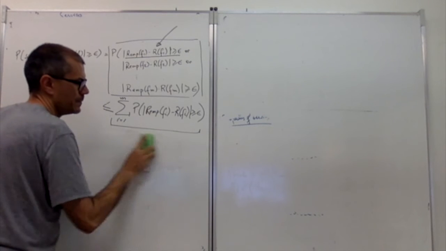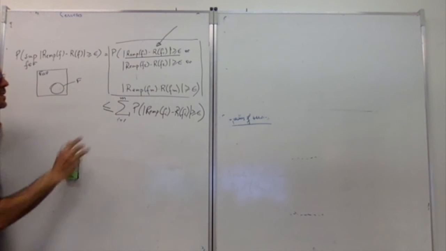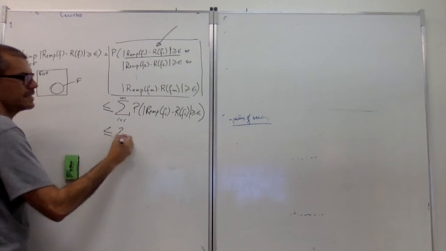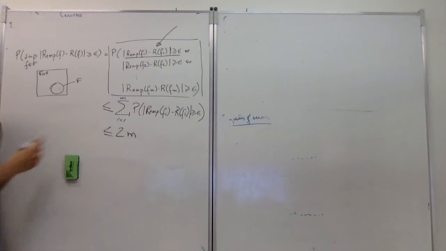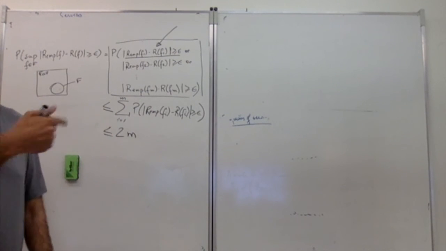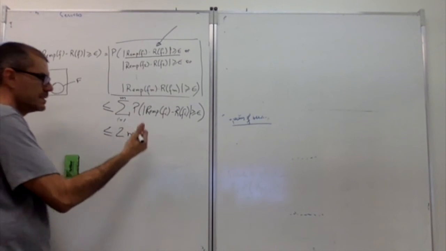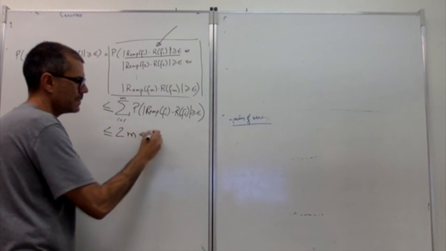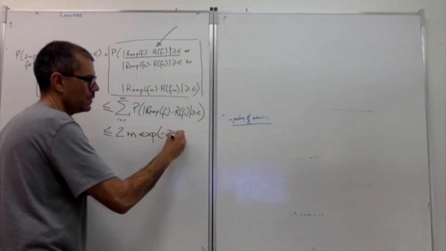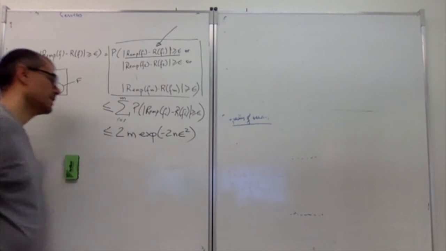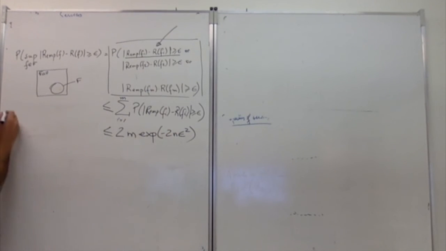So I'm just going to rewrite now, because it's going to be easier to see. That's the same as 2 times m, because I have a sum of 2 times the exponential value of something negative. So as we have a sum of m terms, that will be 2 times m times the exponential of minus 2n epsilon squared. So this is the most common formulation.